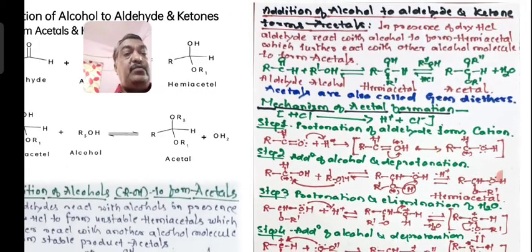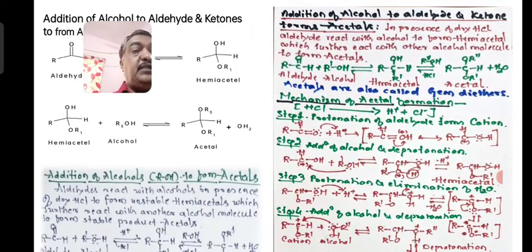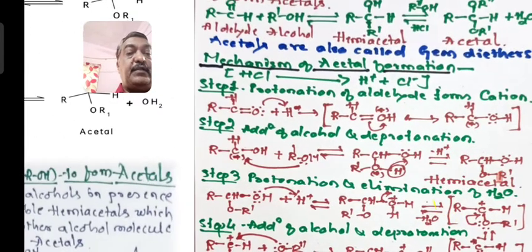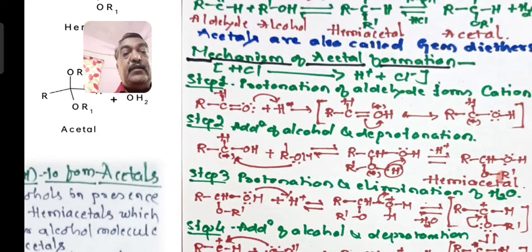Now for the second step. In the third step, what happened? Protonation occurs again. That leads to RCHOH, and H plus is added, so the oxygen becomes positive with two hydrogens.